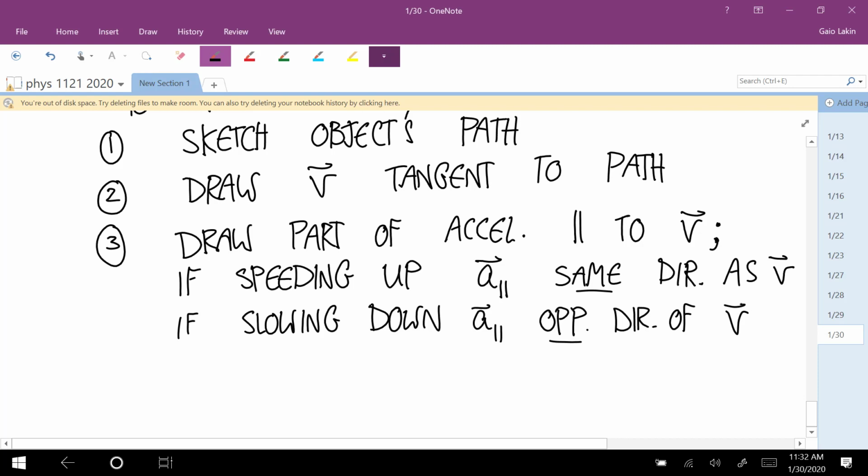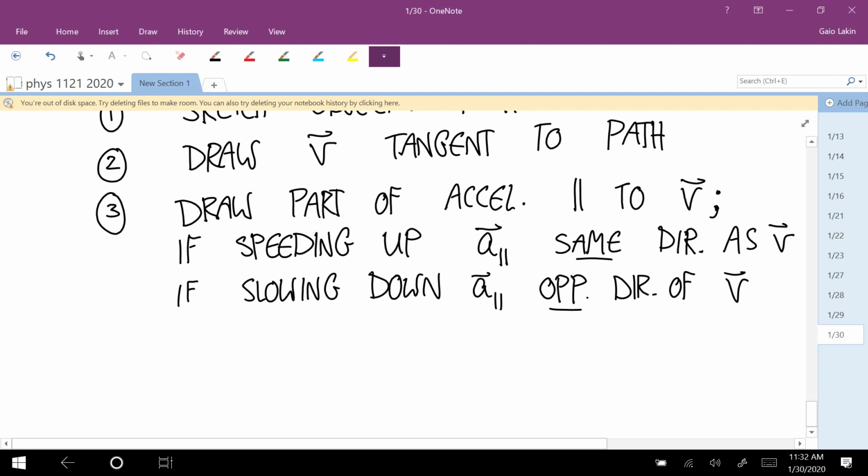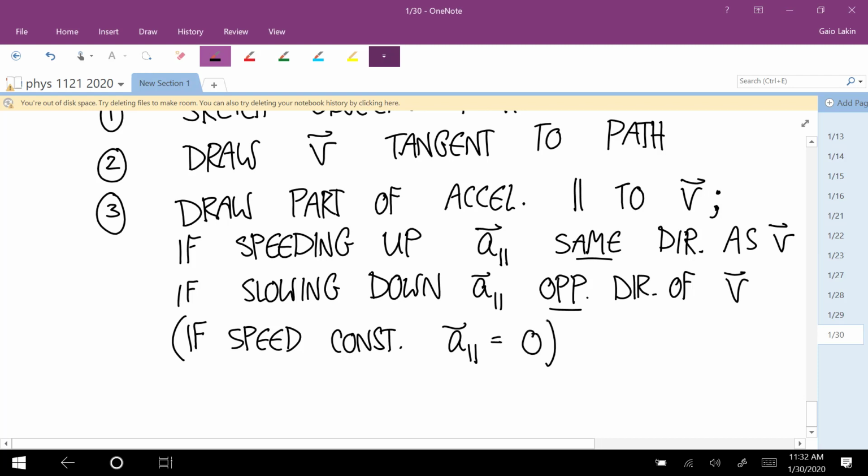So you can think of the acceleration as being made up of 2 parts. One part that's parallel to the velocity and determines whether it's speeding up or slowing down. And then a second part that's perpendicular to the velocity that determines whether it's turning. If the speed is constant, then there's no part of this acceleration that's parallel.